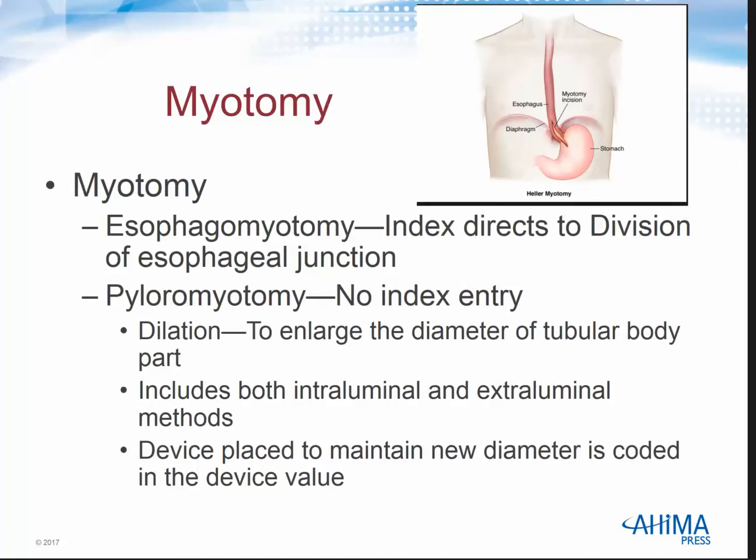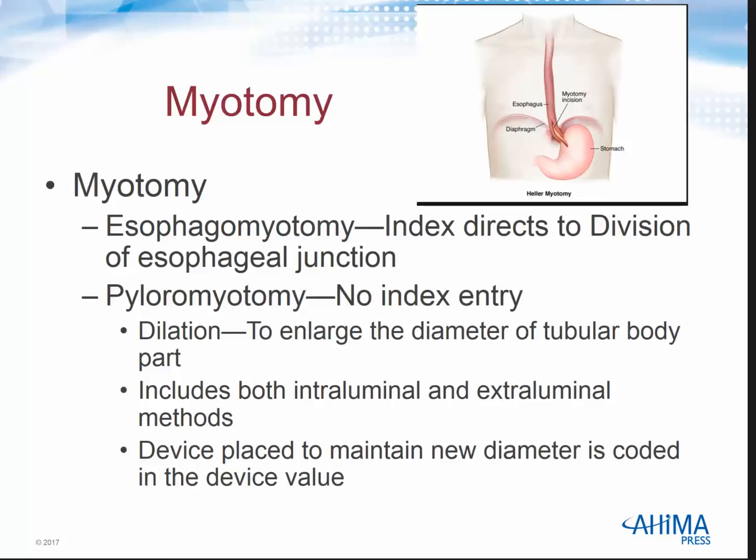The next area she talks about procedure-wise is a myotomy. She talks about two different anatomical locations, the esophagus and the pylorus. One thing I will remind you of, which she talks about later, is that ICD-10-PCS considers the pylorus, which is part of your stomach, a distinct body part. So you need to remember that as you're coding in the GI system.